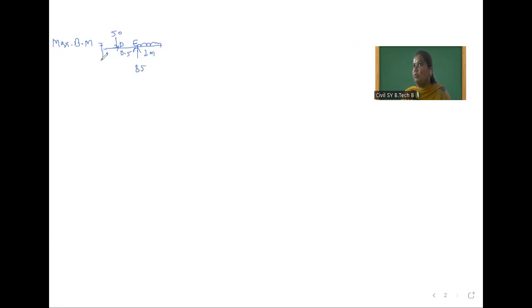Now we will calculate moment for this. Yes, this UDL continues up to this point. So first we will consider this 85. This pushes upward, so plus 85 into 1.5. After that we will move toward this point load. This pushes downward, so minus 50 into perpendicular distance 1 meter.